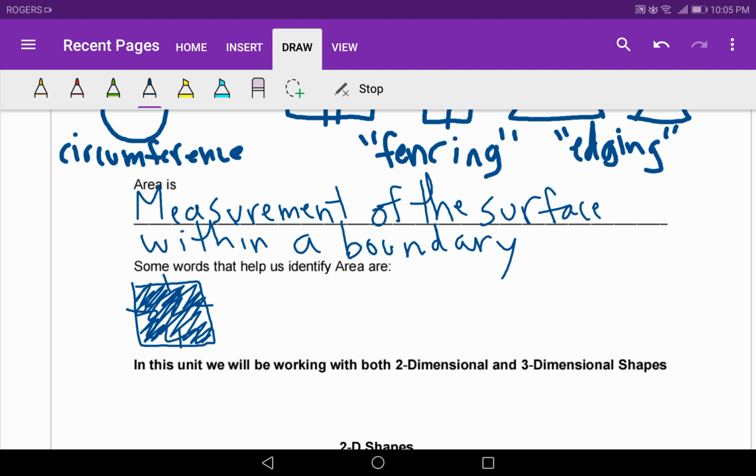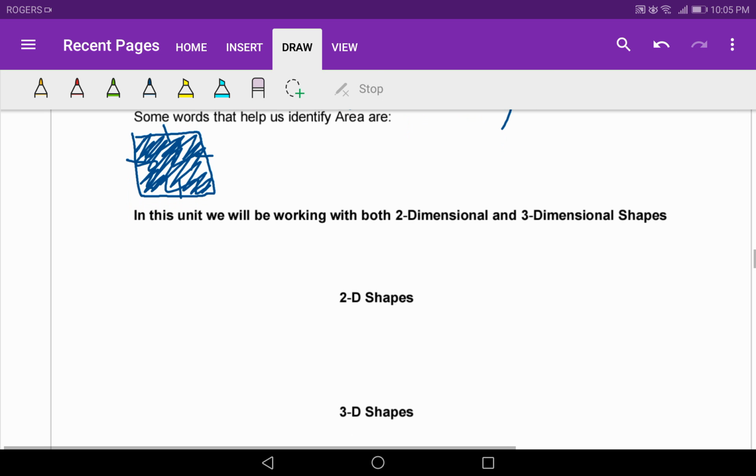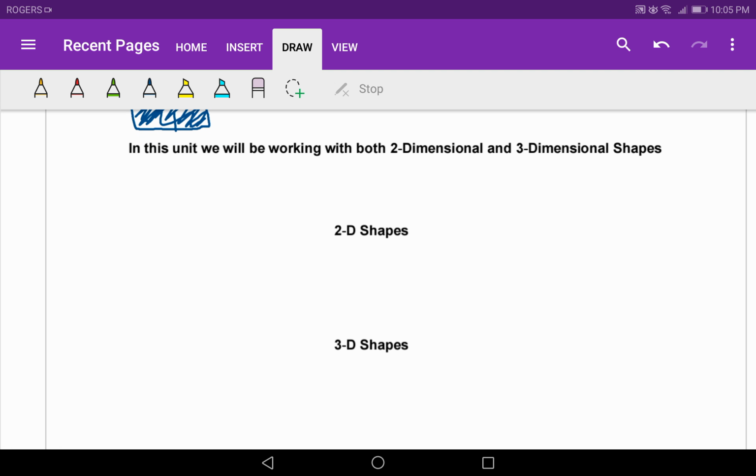It's always the space inside the shape. I'm sure this is something that we have all heard before from elementary school. Maybe you just needed a quick refresh in your mind of what those two terms meant.